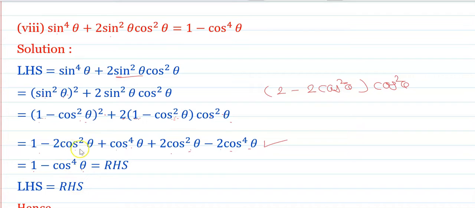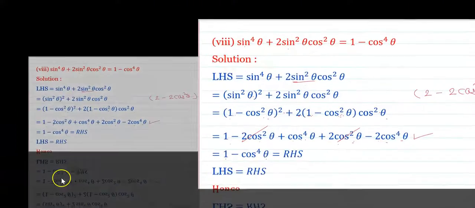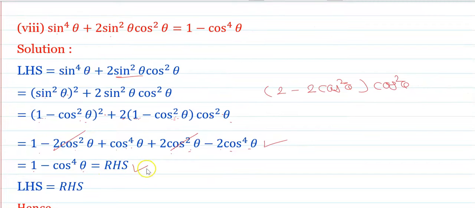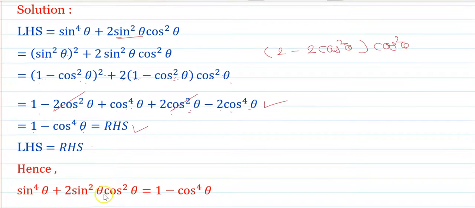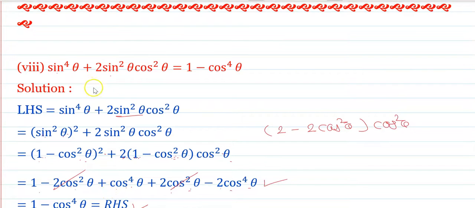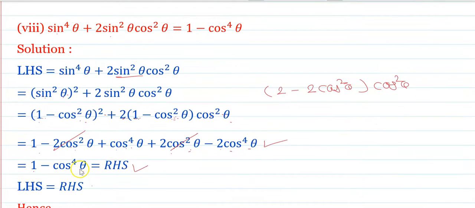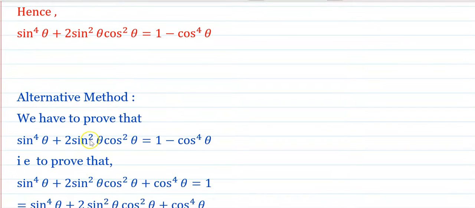Minus 2 cos square theta plus 2 cos square theta, that get cancelled, and hence this is nothing but the RHS, and hence LHS is equal to RHS, and hence the result is proved. म्हणजे या प्रॉब्लेम मध्ये काय करायचंय, त्या sin स्क्वेअर ची टर्म sin raised to 4 ची टर्म हे आपण कशामध्ये कन्वर्ट करणार, तर cos मध्ये, आणि एक्सपांड करणार ब्रॅकेट, then you will get the result. Now the next problem.